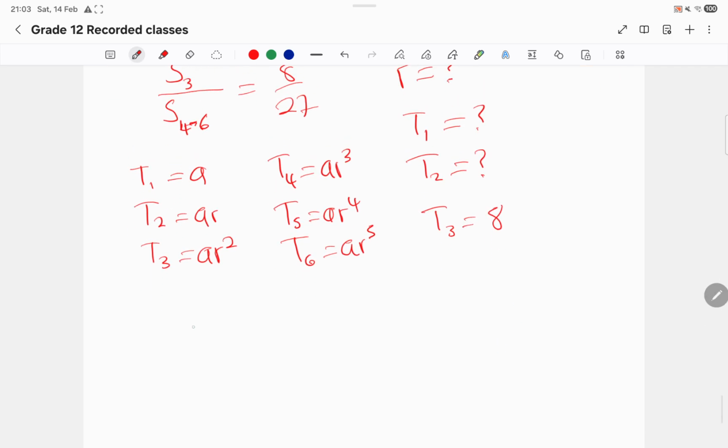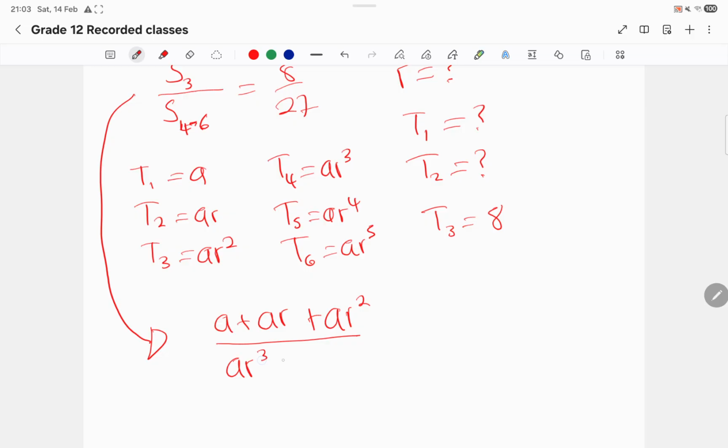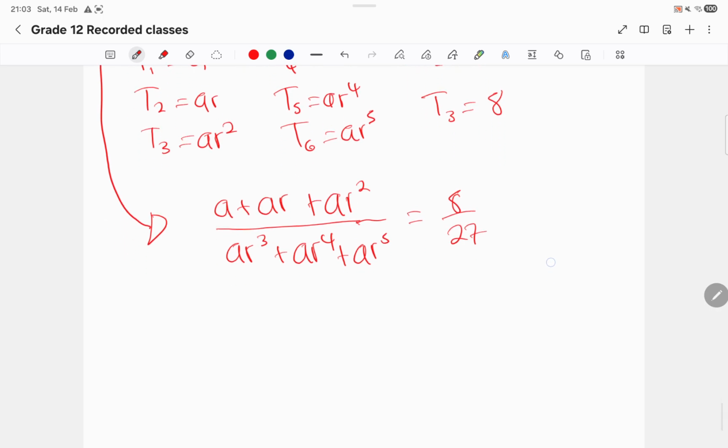What is our S3? So S3, when we take this formula and substitute what we have here, is given by A plus AR plus AR squared over AR3 plus AR4 plus AR5. Okay, so this will give you 8/27. Right, you continue.